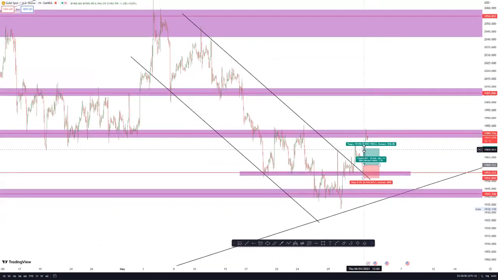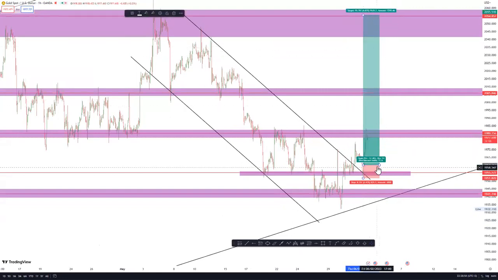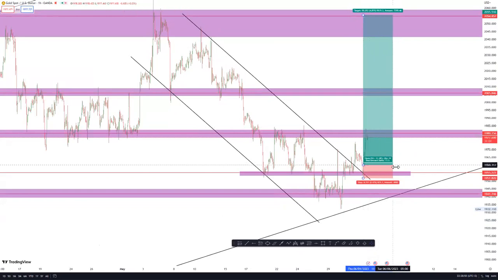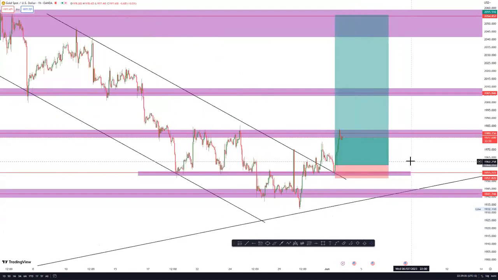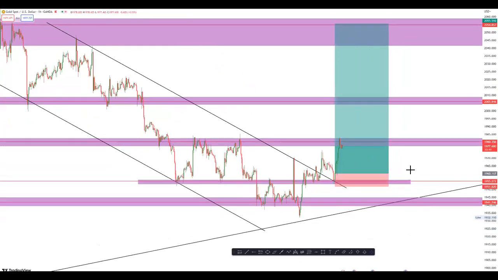It will take time, but I think it will get there, because if we put together the confirmations we have on the DXY, it is selling now, and since we know the DXY and gold have opposite correlations, we know that gold is actually looking to take buys.